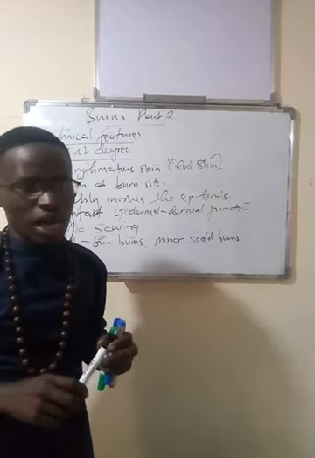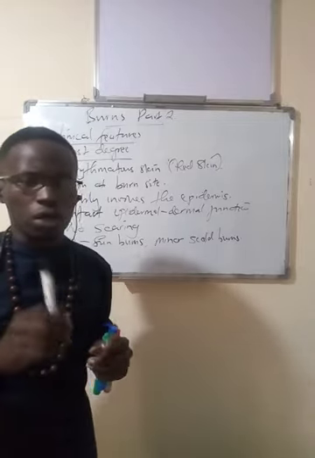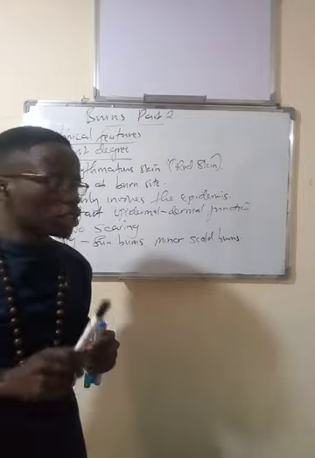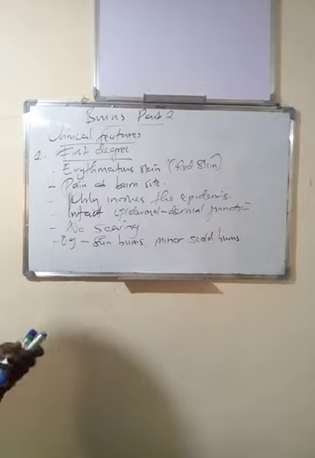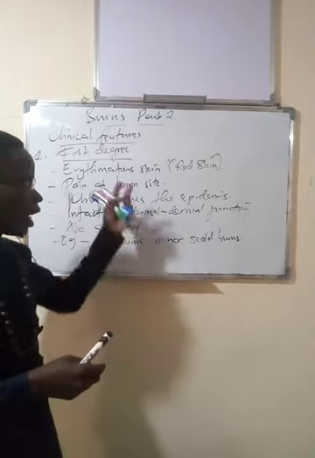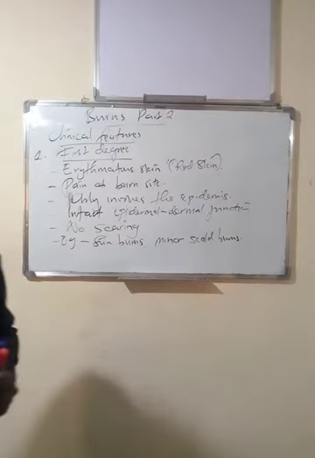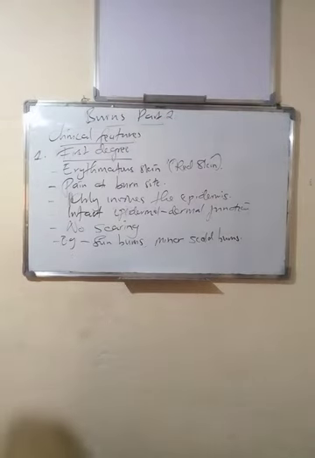In most cases, these patients are not even going to come to the hospital because they will not see much need to. However, if they come and you see these characteristics, then you should know that these are first degree burns.